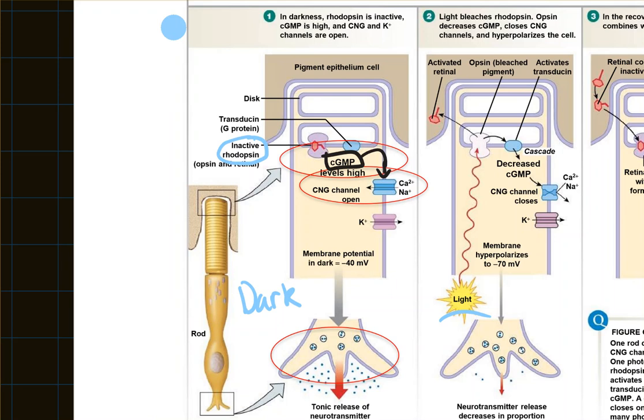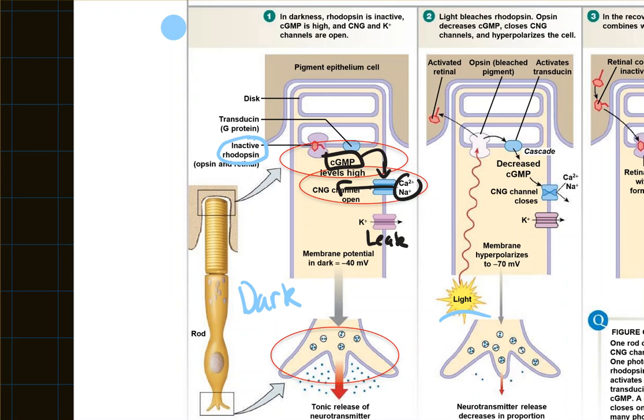When that happens, calcium and sodium can move in because this channel is a non-selective cation channel, meaning calcium and sodium move in and the cell depolarizes. Now, the other thing that's happening on this membrane is we have potassium leak channels.